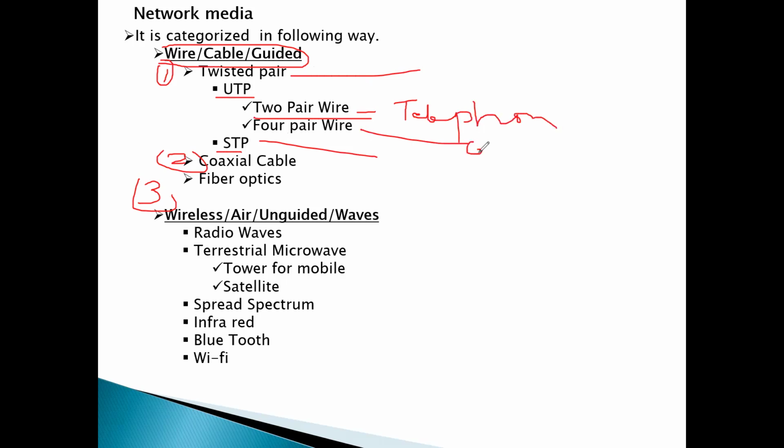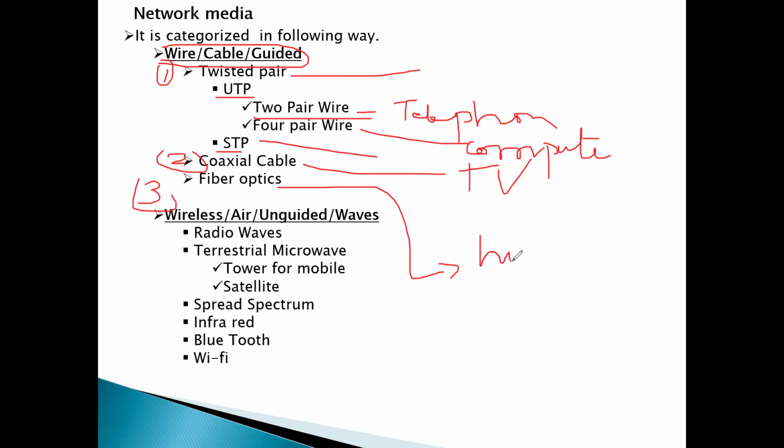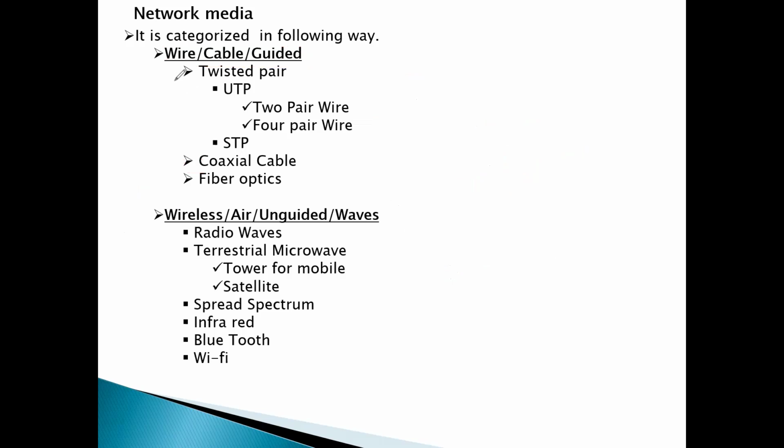This is computer network cable, in computer labs and offices. Coaxial is used in TV and fiber optic is used for huge data transmission under the sea. This is also being used in houses, but at a limited level. You understand these categories?